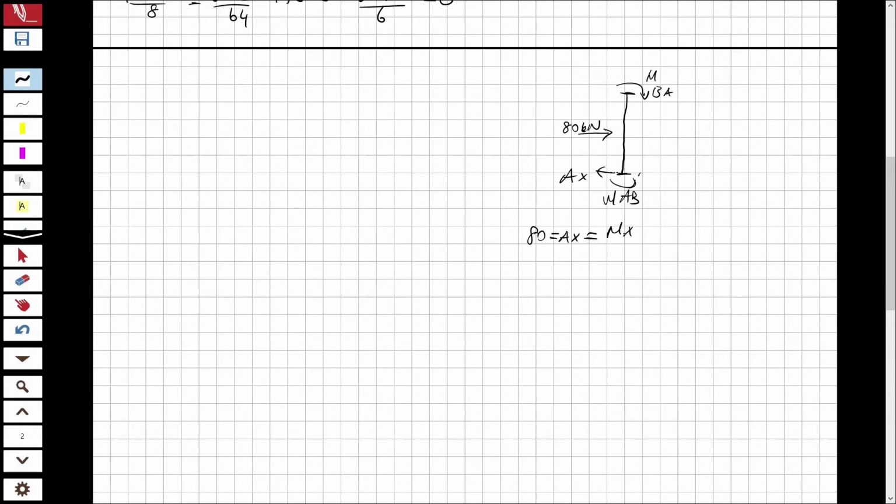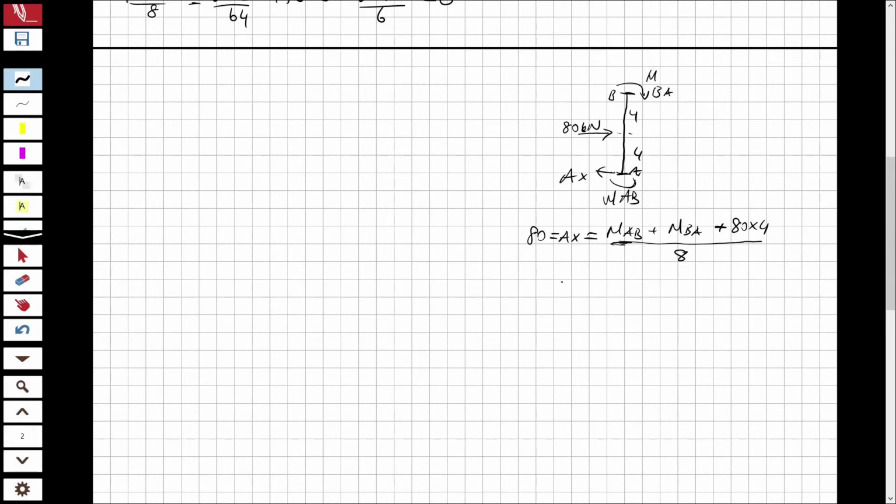Taking moments with respect to B, this is point B and this is point A: moment AB plus moment BA plus AT times 4, because the column is 8 meters, so it's going to be 4, over the length of the column, 8.